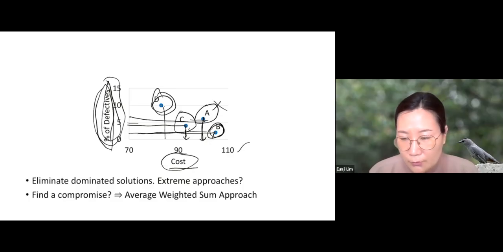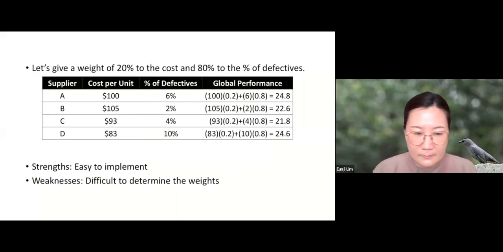So what should you do? How about making a compromise? This is called the average weighted sum approach. So in this approach, we're going to assign a weight to each performance criteria and then compute the weighted average, weighted sum, actually.